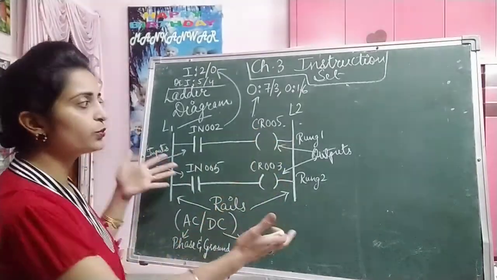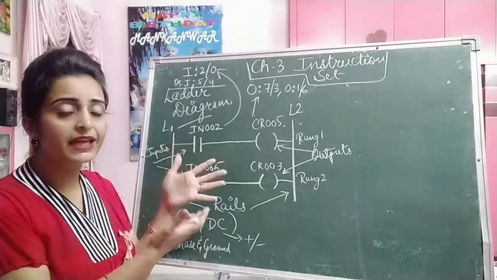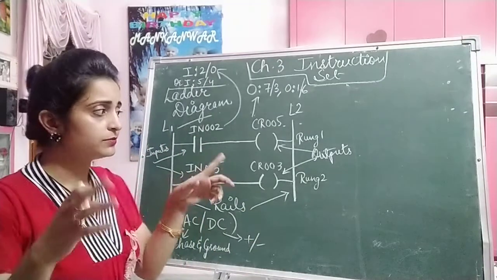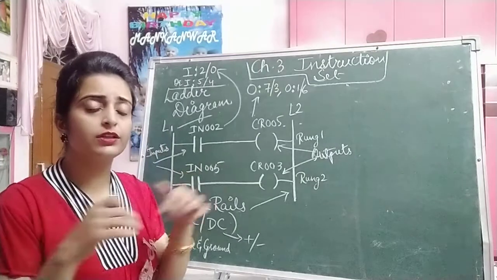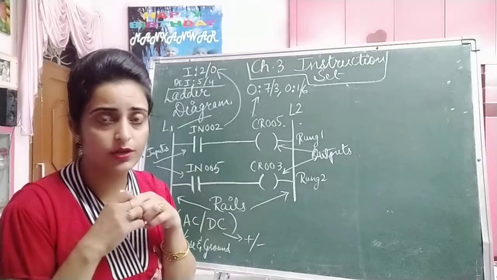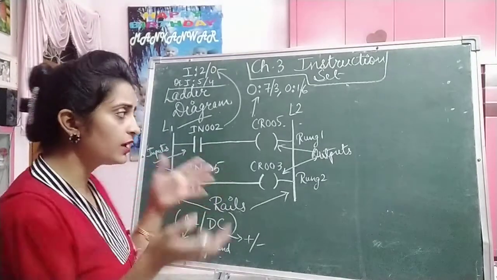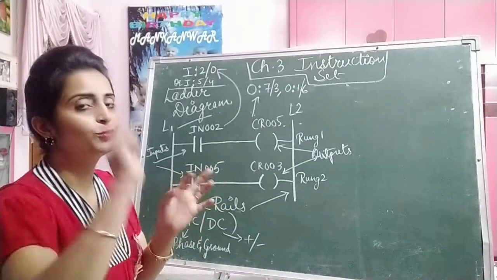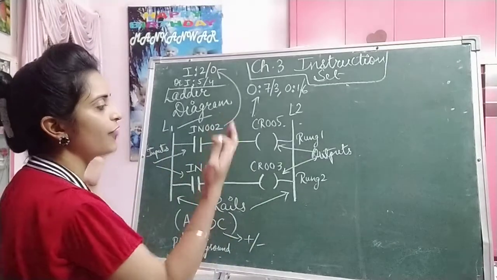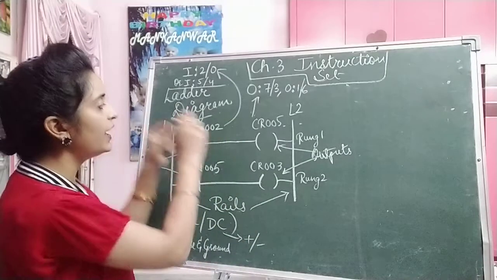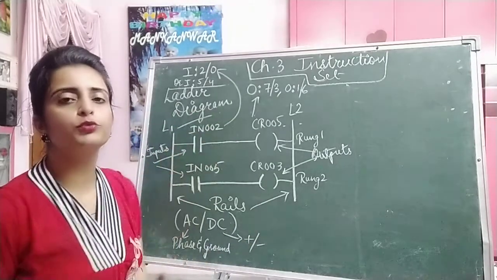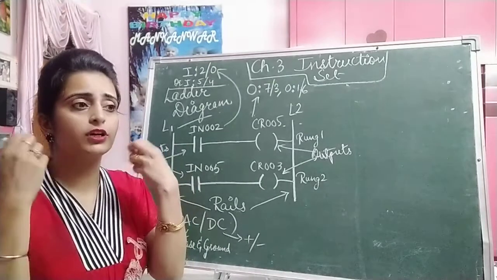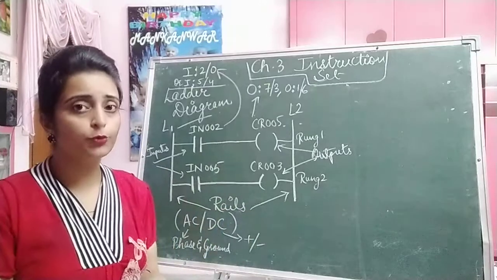In this way you have to make it in your PLC programmer, just as you do in the C software for the C programming language; similarly it will be done in your PLC software. You do not have to write anything, you just have to draw, you just have to pick and place these things according to your logic and the need of the program that you want to make.